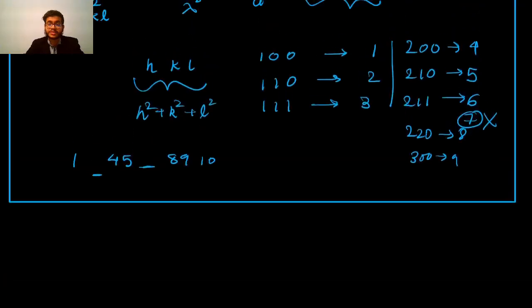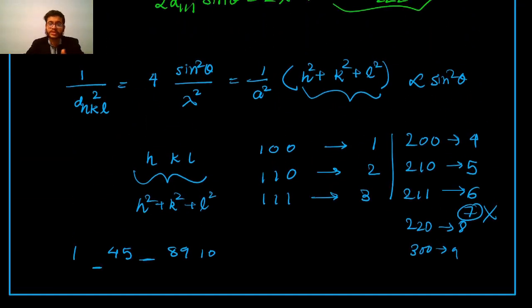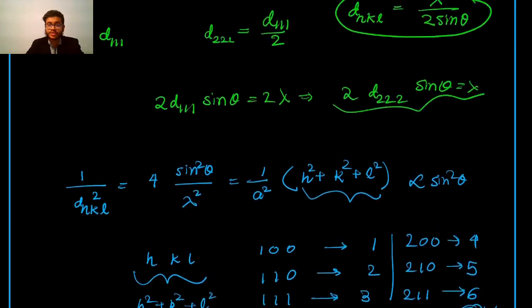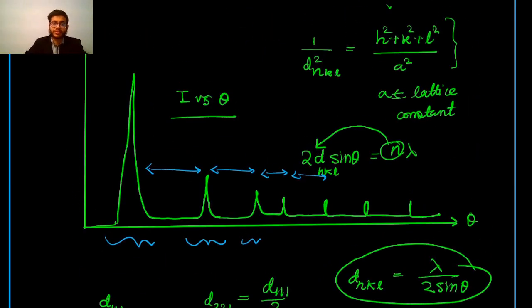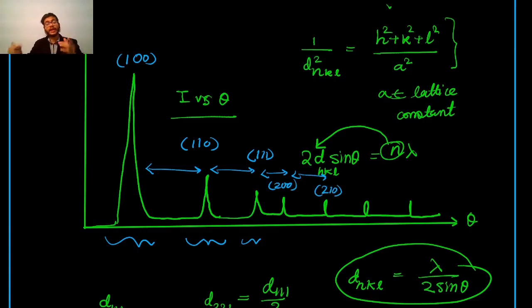Nowadays there are softwares which can read them for you, and after reading, you can assign them. This is 100, this is 110, this is 111, this is 200, this is 210. So like that you can assign Miller indices to the peaks. You can identify which peak is coming from which Bragg plane diffraction.